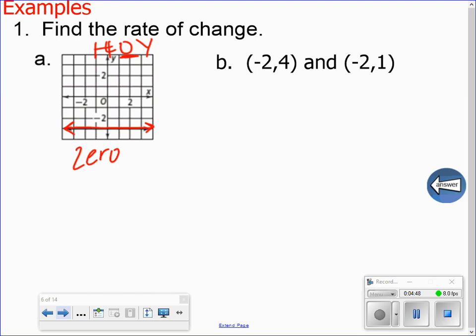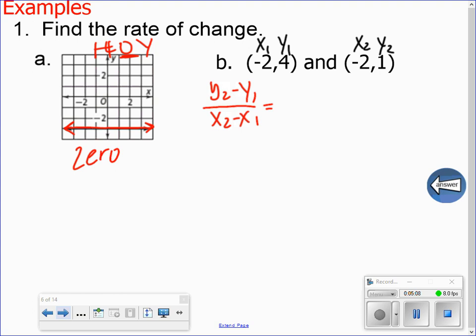If we're looking at the 2 points, remember that we can use the slope formula. So if we substitute in our values, remember we need to define an x1 and a y1. It can be either point, but just be consistent.